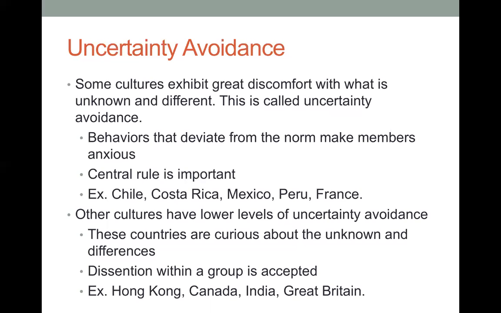As far as food goes, cultures that have lower levels of uncertainty avoidance would be much more likely to try new foods and even new recipes because they're more curious, and within their culture, that curiosity is accepted as well as encouraged.